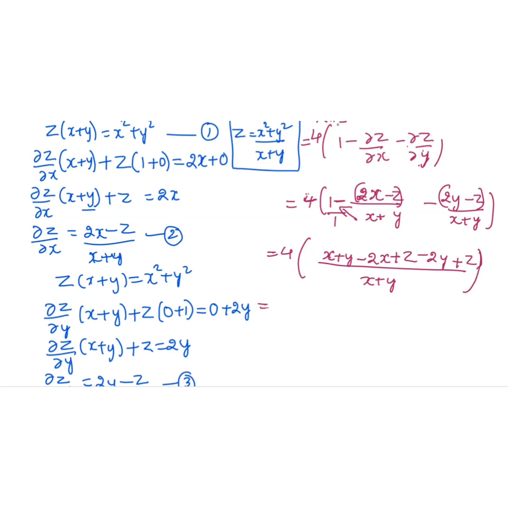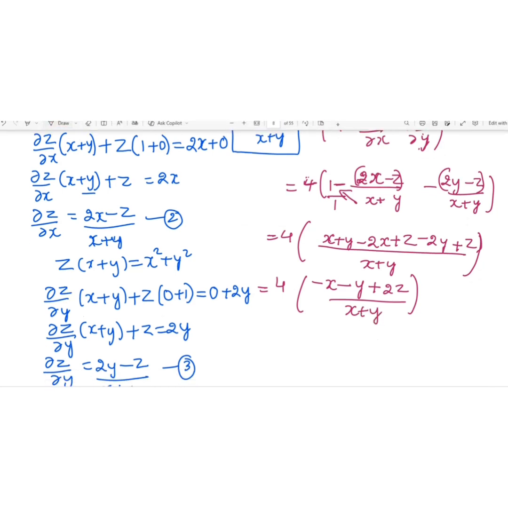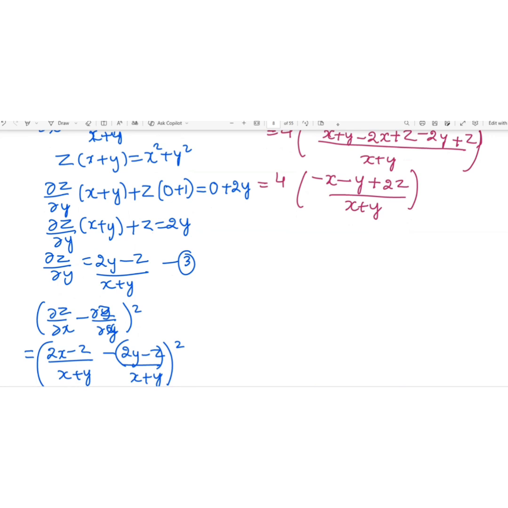So now it is 4 into x minus 2x is minus x, y minus 2y is minus y, z plus z is plus 2z, divided by x plus y. So now we get 4 into 2z minus x minus y divided by x plus y.